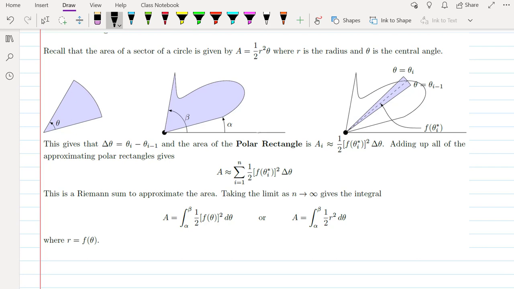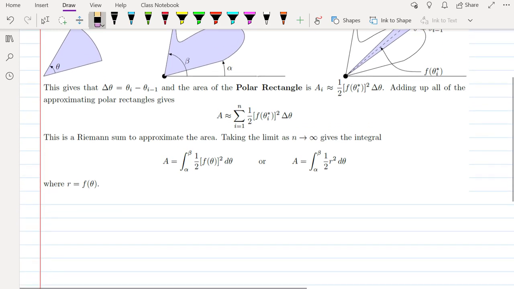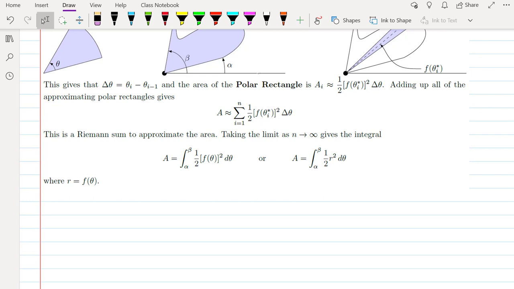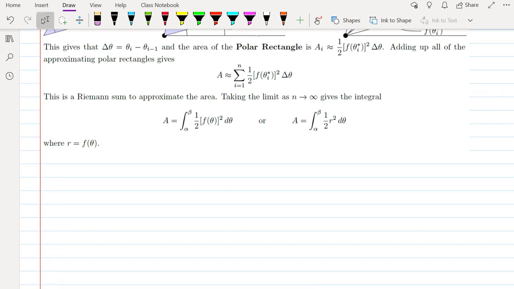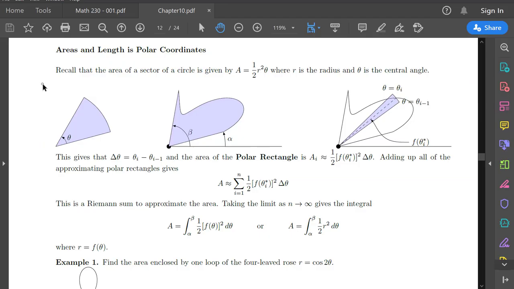So we get that the area of each of these polar rectangles, A sub i, is 1/2 f of theta i star squared times delta theta. So if we take our sum and then take the limit as n goes to infinity, this will converge to these two integrals.